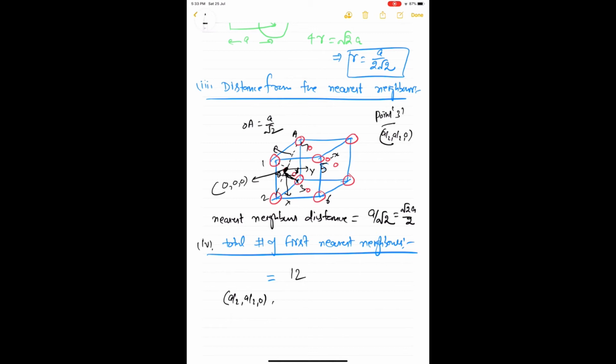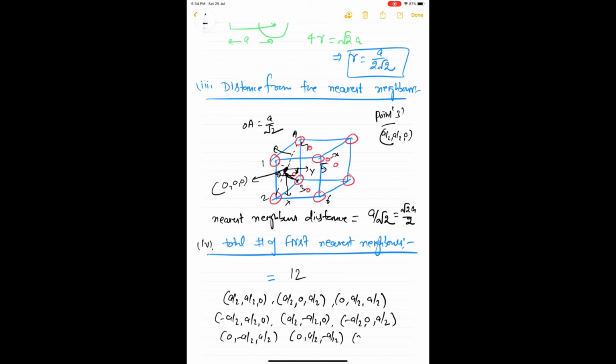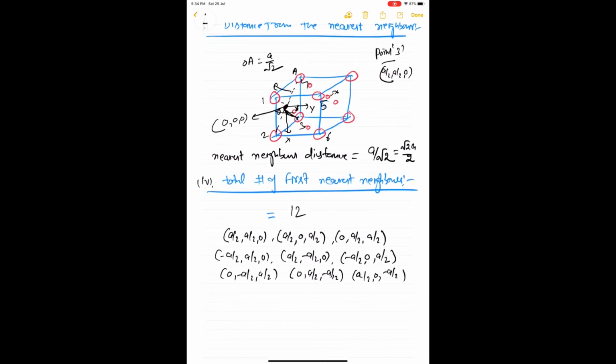So there would be a by 2, 0, a by 2; 0, a by 2, a by 2; minus a by 2, a by 2, 0; a by 2, minus a by 2, 0; minus a by 2, 0, a by 2; 0, minus a by 2, a by 2; a by 2, 0, minus a by 2; 0, a by 2, minus a by 2; minus a by 2, minus a by 2, 0; minus a by 2, 0, minus a by 2; and 0, minus a by 2, minus a by 2.